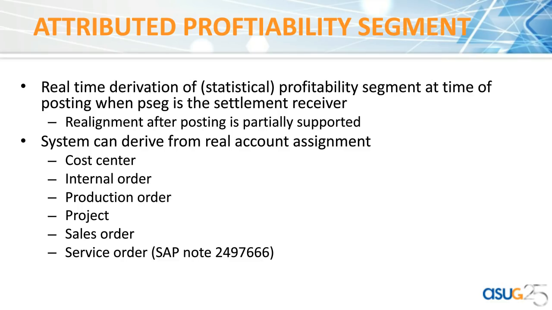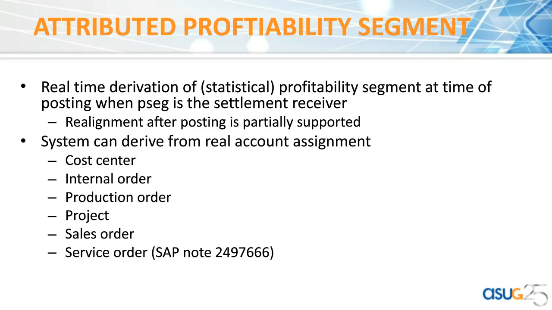We can indicate in customizing which of the cost objects you see in this list we want the system to create what we're calling an attributed profitability segment. So if my order or my project system has a profitability segment as the settlement receiver, while I'm spending money for the order or the project, the system can read the profitability segment in the settlement rule and statistically assign a profitability segment along with the real cost object of the order or the WBS on the project.